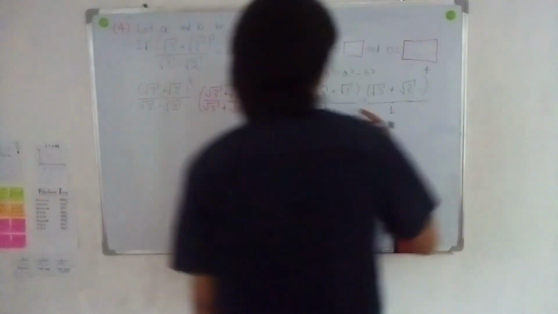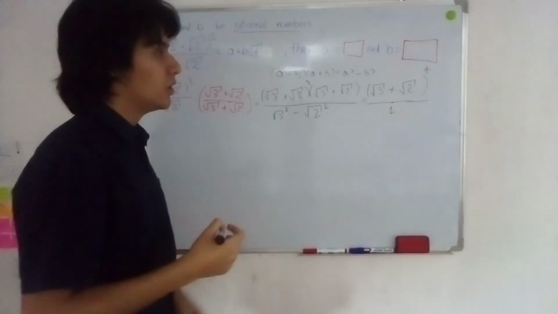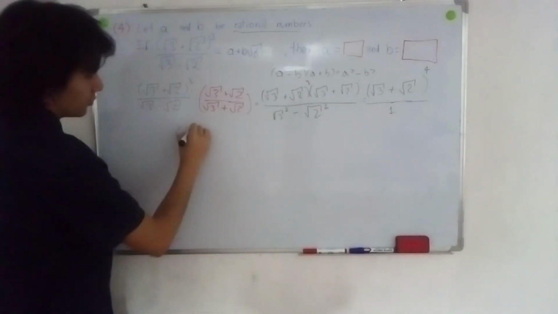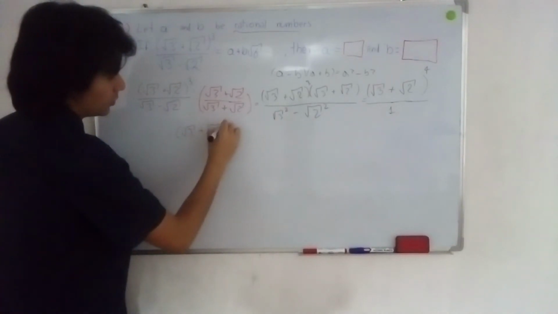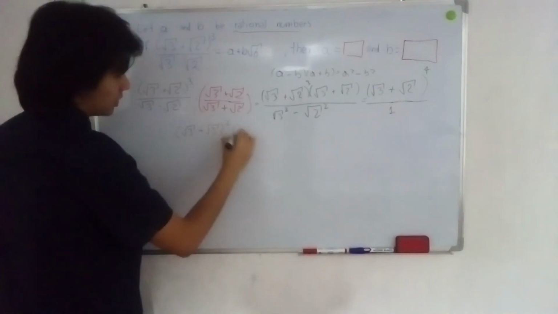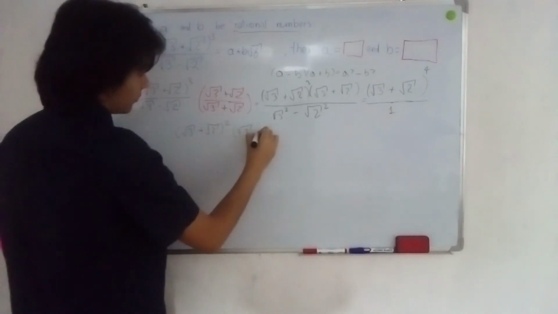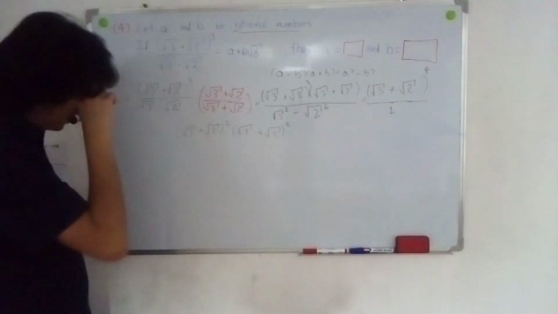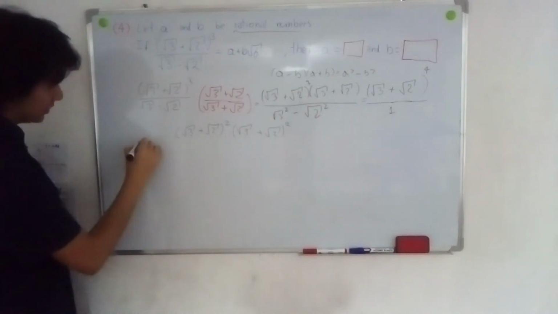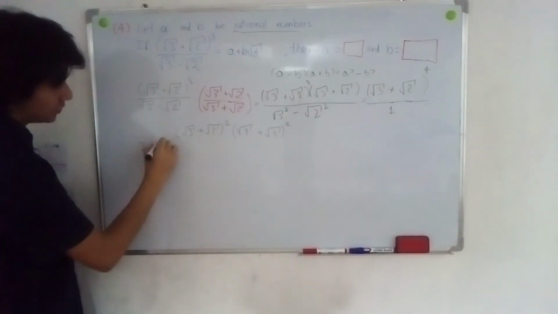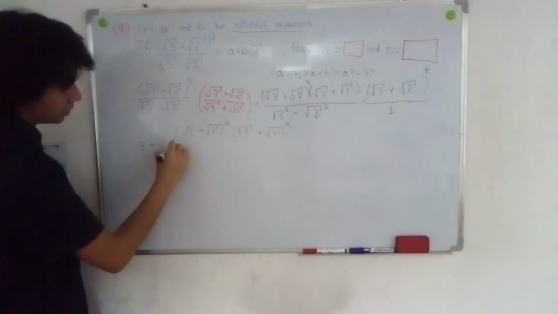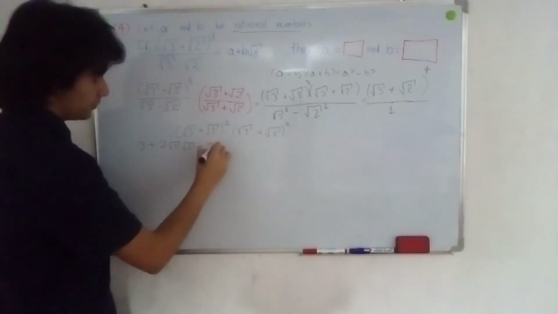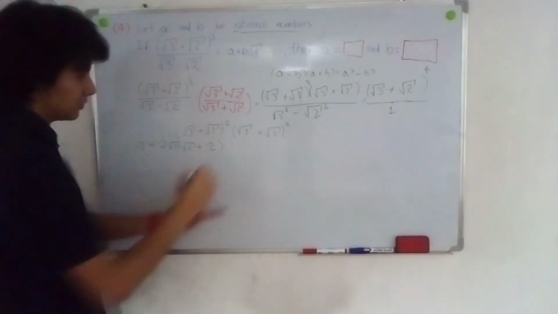Now where is the square root of 3 plus the square root of 2 to the 4? That is the same, the square root of 3 plus the square root of 2 squared times the square root of 3 plus the square root of 2 squared. That is 3 plus 2 times the square root of 3 times the square root of 2, plus 2. And that is the same term, okay?